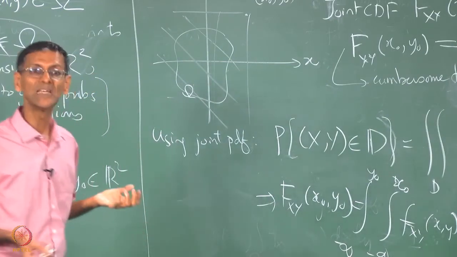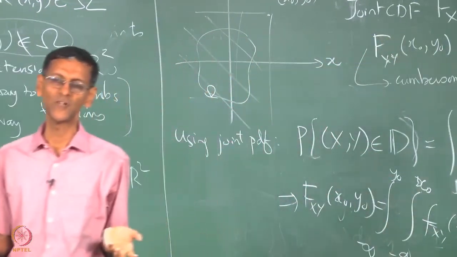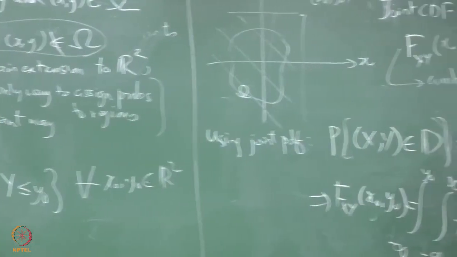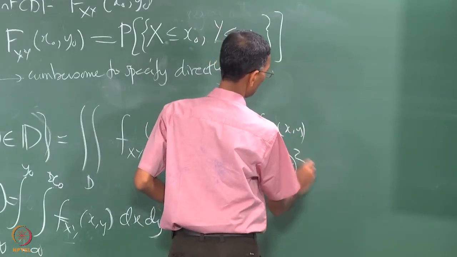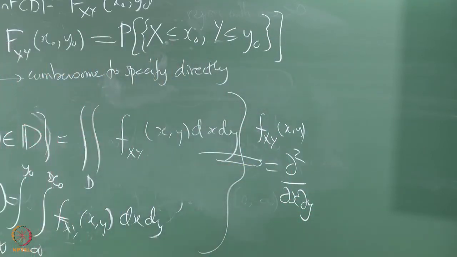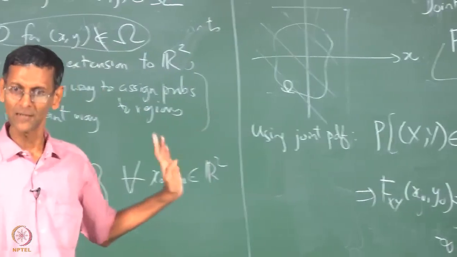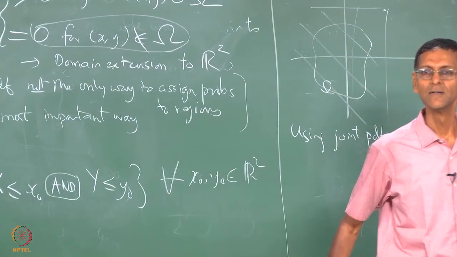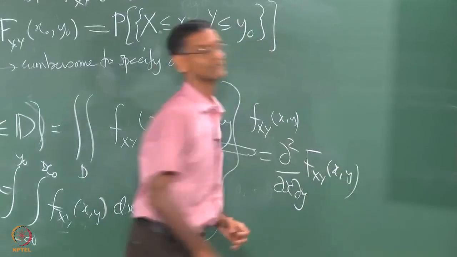Given capital F_XY, the density function, if it is reasonably differentiable and so on, at some point is basically d squared by dx dy, written using partial derivatives, of that.